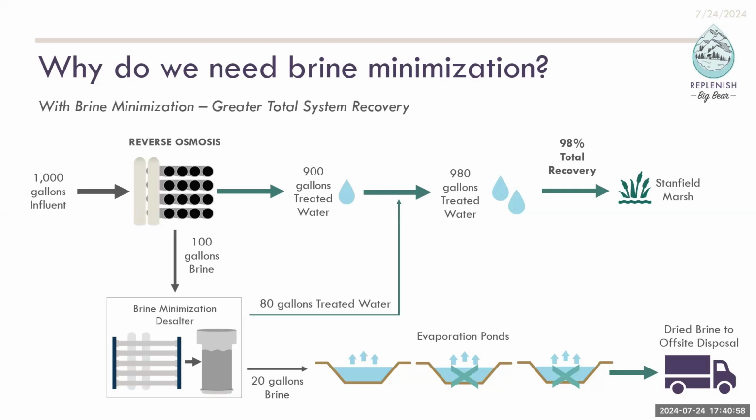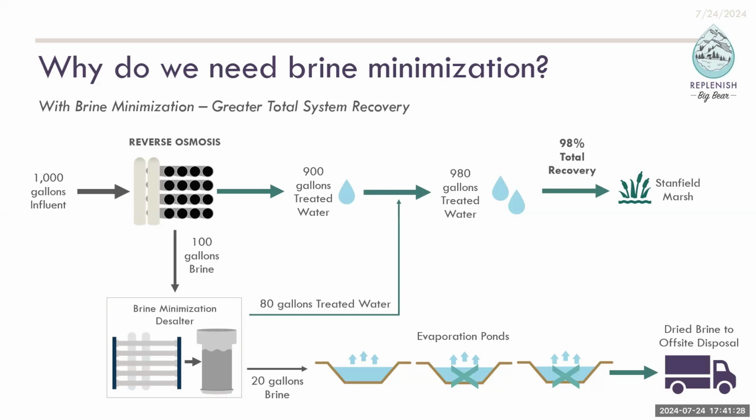Yeah, the brine management and minimization has always been in the project cost estimate. As far as the analysis of evaporation ponds versus brine minimization, I would imagine that more evaporation ponds may be cheaper to construct. It may change if you have to acquire more land, but up here, in addition to having the challenge of not having a brine land, we also have the challenge of not having a bunch of land.